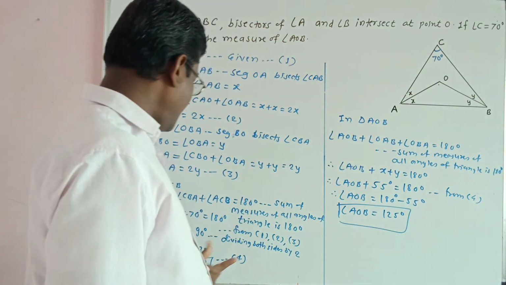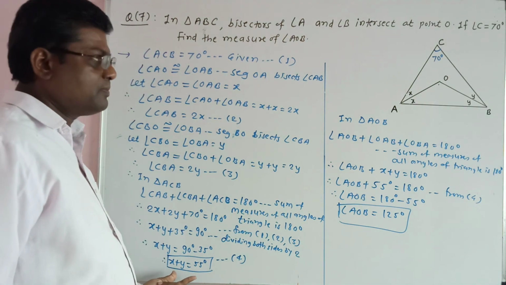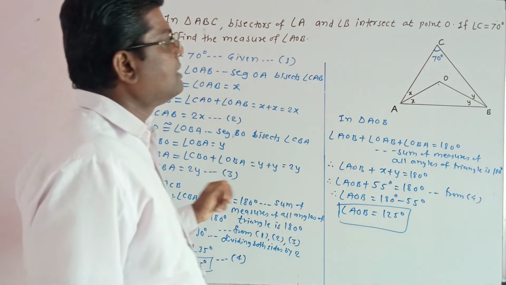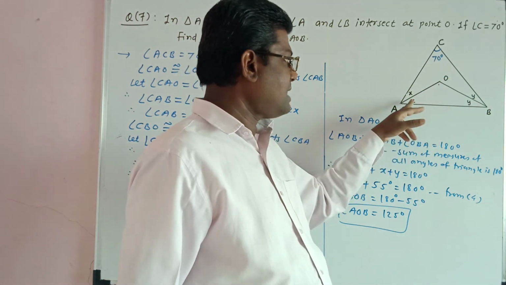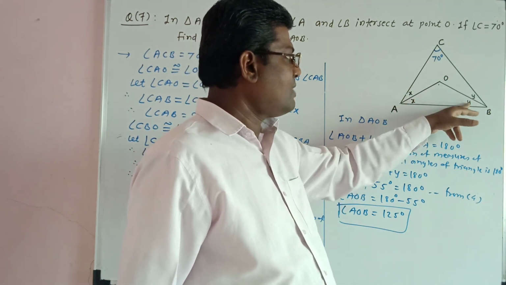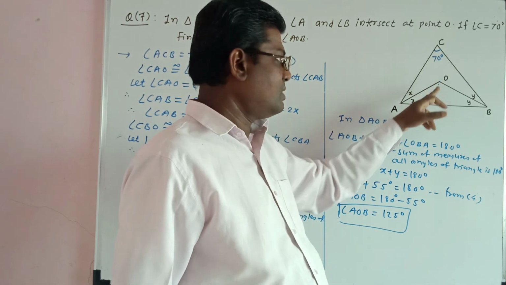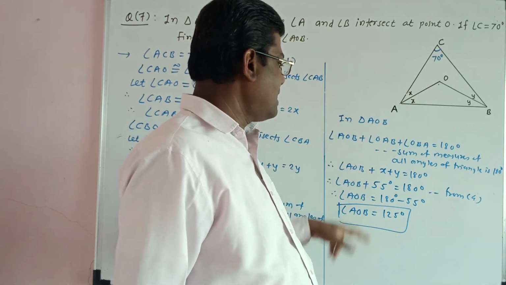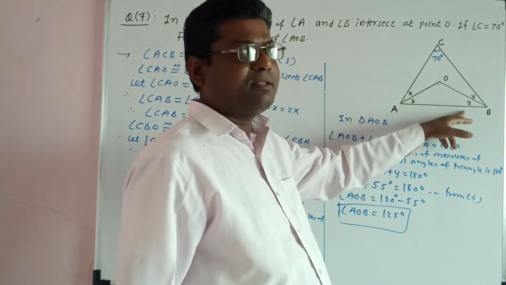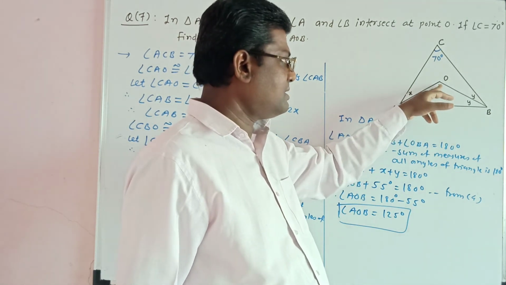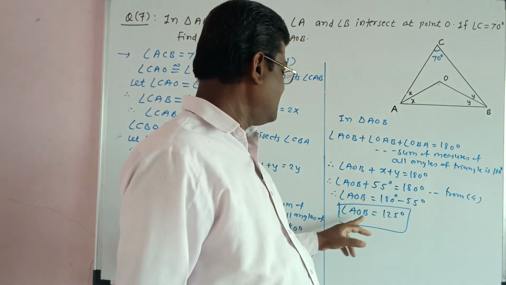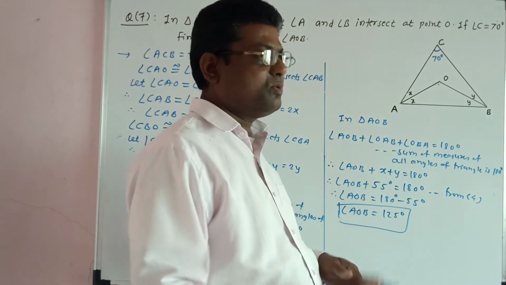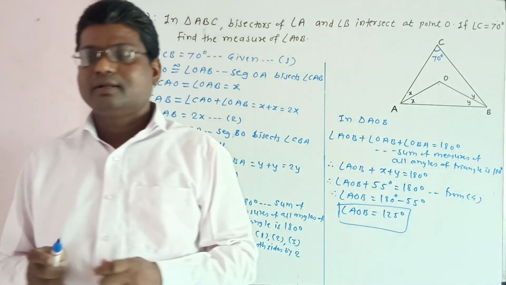From this we can find the value of x plus y as 55 degrees. Now in triangle AOB, x plus y plus this angle is equal to 180 degrees, and the value of x plus y is 55 degrees. 55 degrees plus this angle is equal to 180 degrees. From this the angle AOB is equal to 125 degrees.